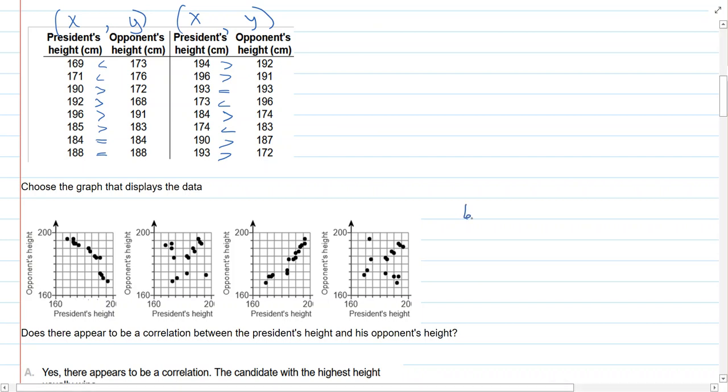So we're at 160 on each of the graphs, and it goes to 200. And we started with the 169. So this would make it, and there's 8, right?